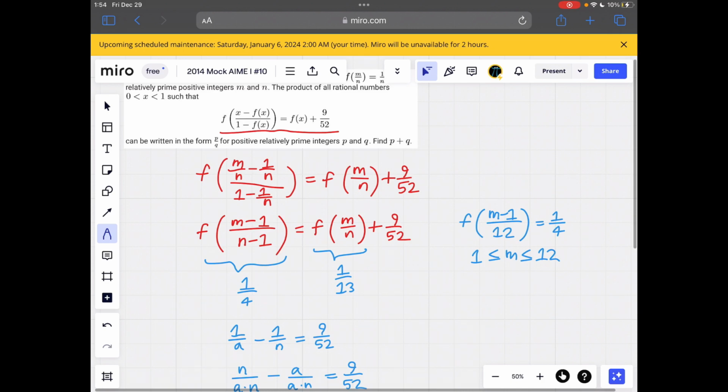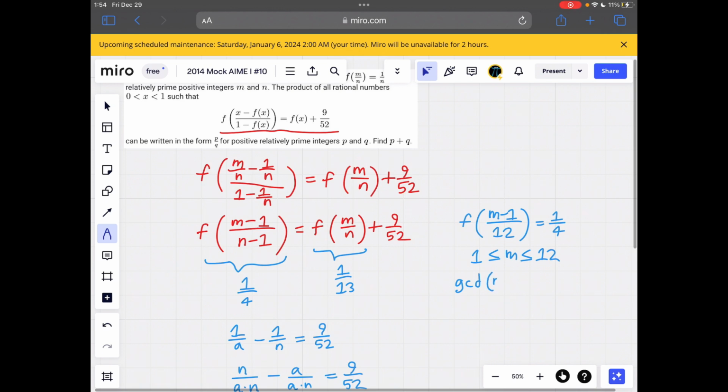Well, if f of (m-1)/12 is equal to 1/4, then that simply means that after (m-1)/12 is reduced into lowest terms, its denominator is going to equal 4. And that can only happen if the greatest common divisor of the numerator and denominator is equal to 3. So both will be divided by 3 when reduced to lowest terms, making the denominator 4.